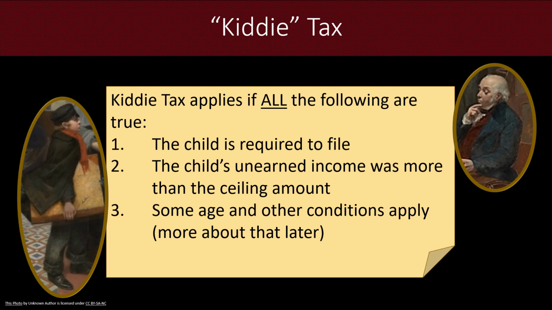The child would be required to file, meaning that they had income over their standard deduction amount, whether that be based on earned income or unearned income. The child's unearned income would be more than the ceiling amount, which again we will look at in the next slide. And then there are some other conditions which will apply, but we'll talk about that in a couple of slides.